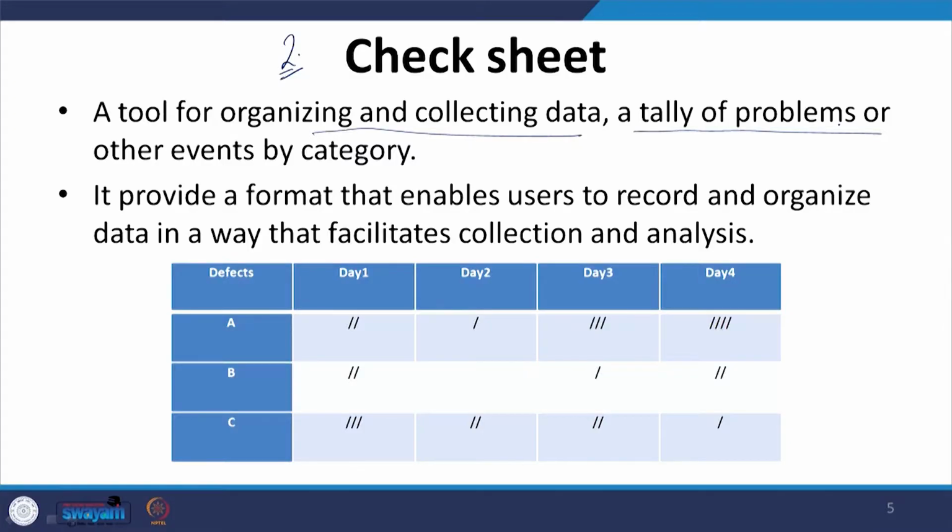A tally of problems or other events is organized by categories. For example, defects A, B, C and more defects which are possible, which are happening in your organization, because you can create a long list of possible defects.